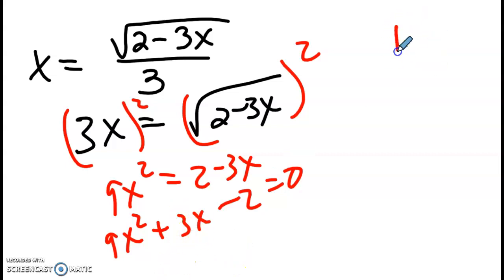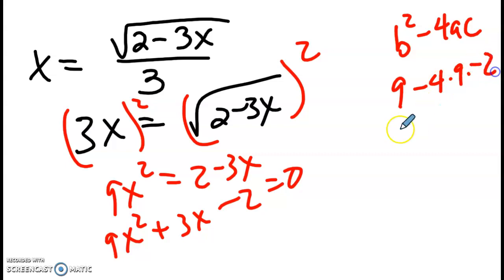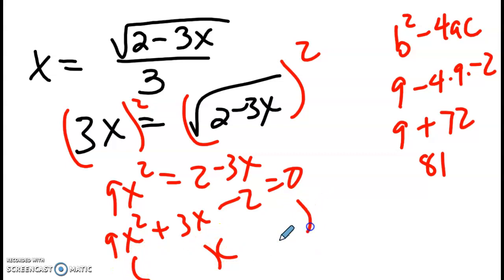b squared, let's just see what that is. b squared minus 4ac. b squared is 9 minus 4 times 9 times negative 2. That's 9 plus 72. Oh, that is going to factor. I get 81. Yeah. Let's try it. I guess it's 3x and 3x maybe. 2 and 1 would be, let's see, 9x squared plus 6x.